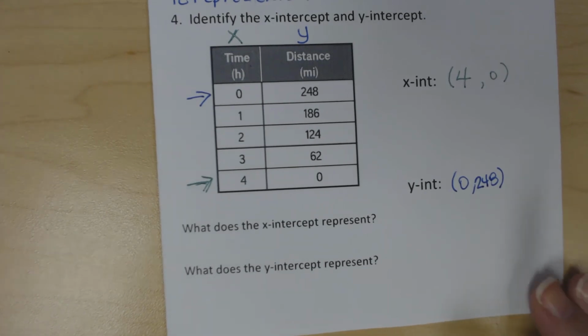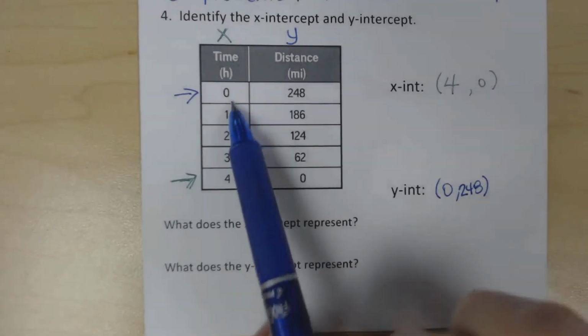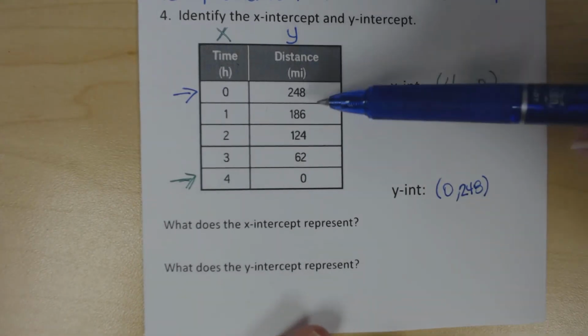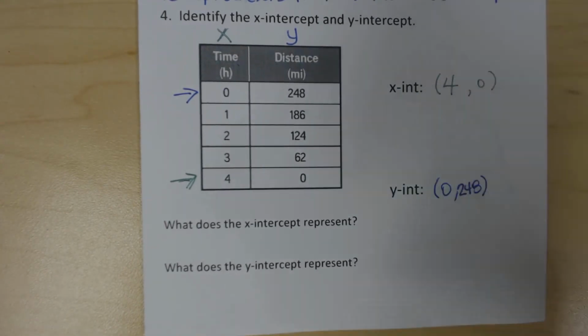Now, they don't give us a whole lot of other information, just that x represents time and y represents distance. So it looks like we had some distance that needed to be traveled.